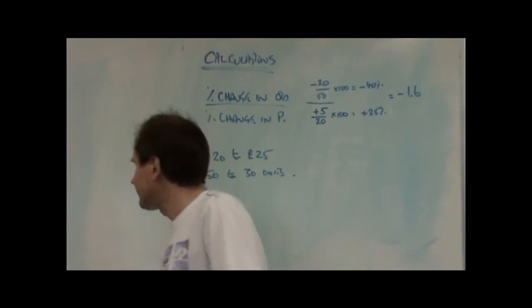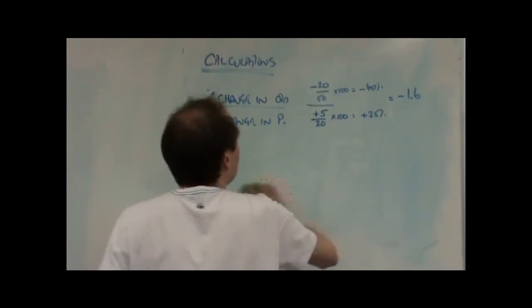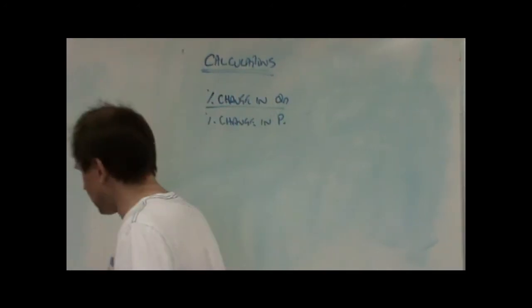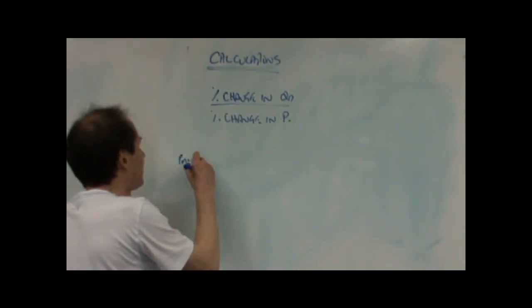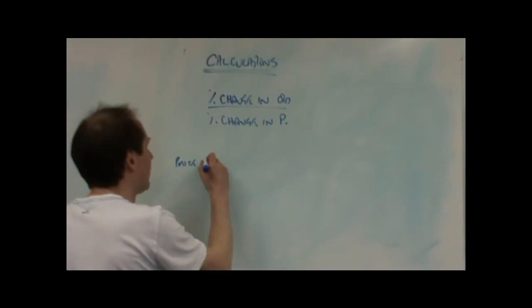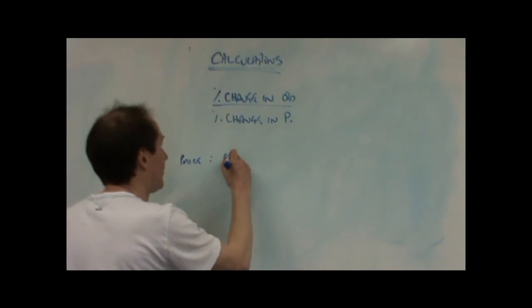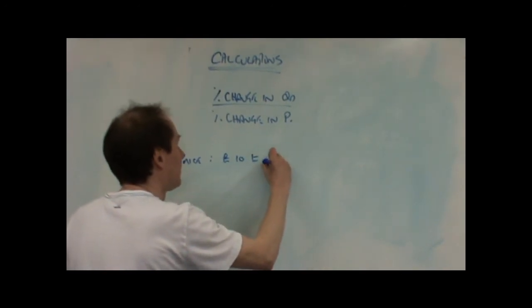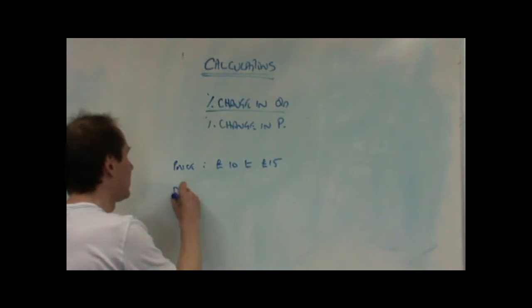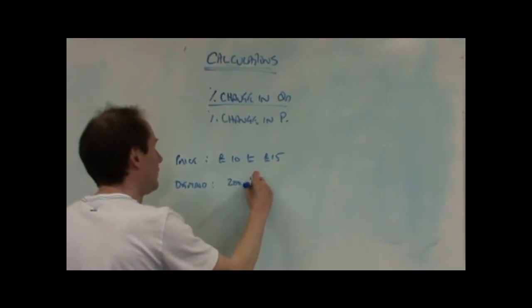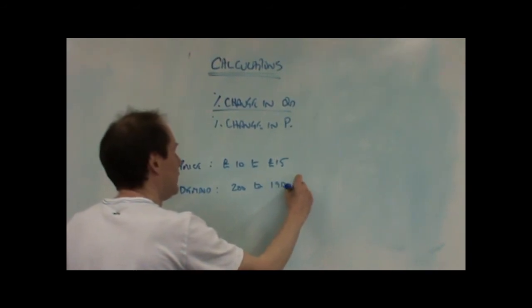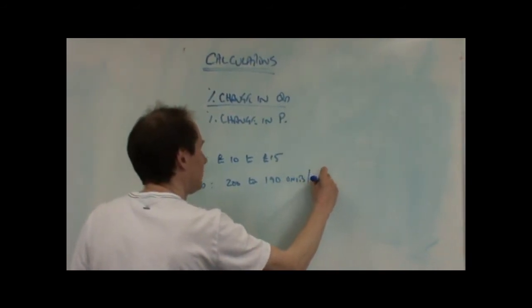If we look at another example, one that's going to come out to be price inelastic. Let's suppose that price in this case rises from £10 to £15, and as a result, demand falls from 200 to 190 units per week.